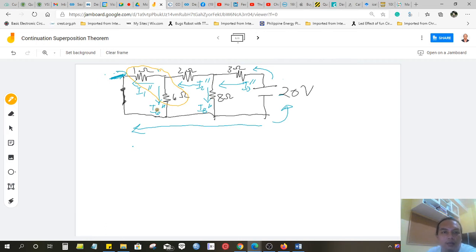So, that is R16. We have 1 times 6 over 6 plus 1, or 1 plus 6. That is 6 over 7 ohm. Any questions?